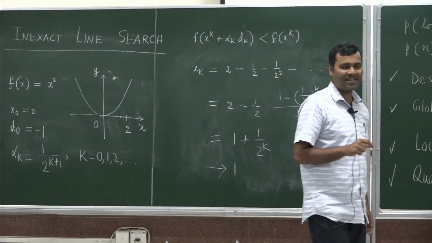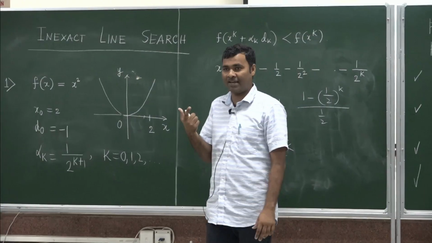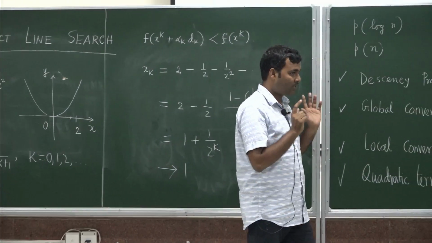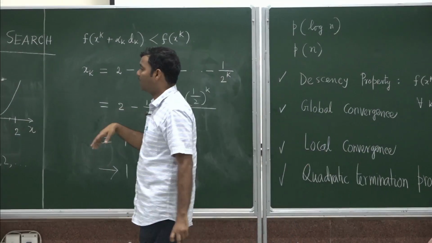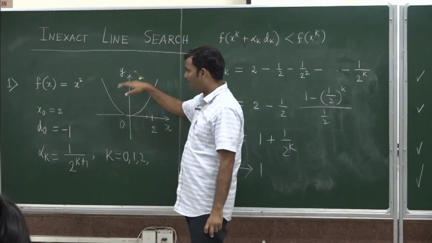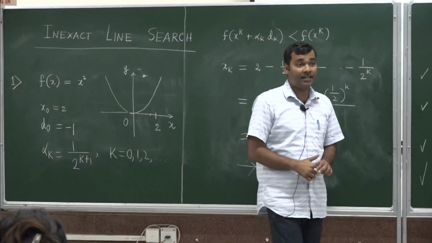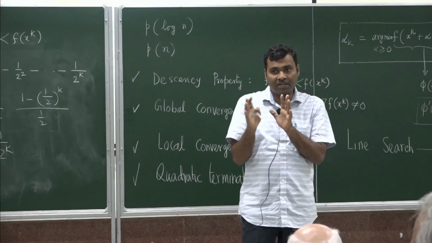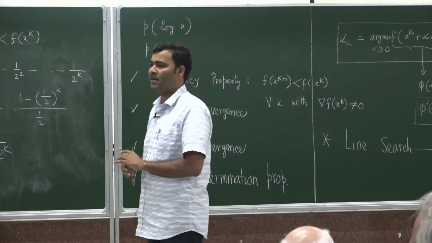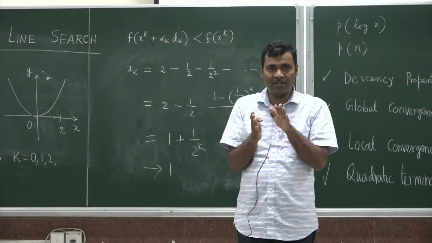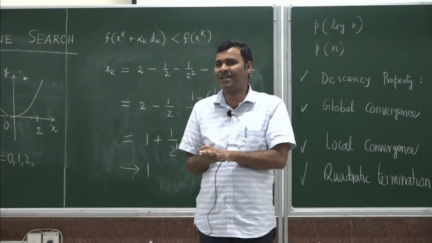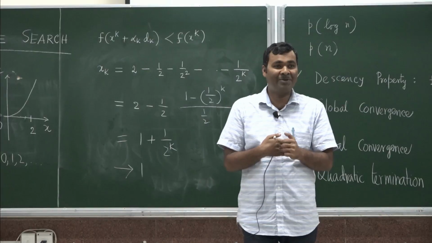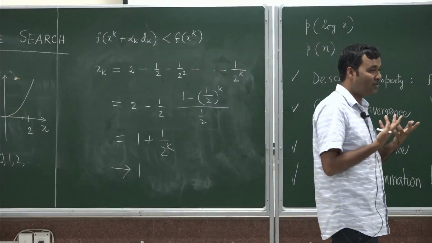So here a message is alpha k should not be very small. Fine. So here is an alert that while choosing alpha k, in order to have convergence, alpha k should not be very small. This we should be keeping in mind. Not only should alpha k not be very small, I will give from the same example, I will produce another sequence: if the function value degradations are not very small, like consecutive steps you take off and then f of xk plus 1 minus f of xk, if this reduction amount is not substantial, the sequence xk, forget about minimizer, the sequence xk produced may not be even convergent.